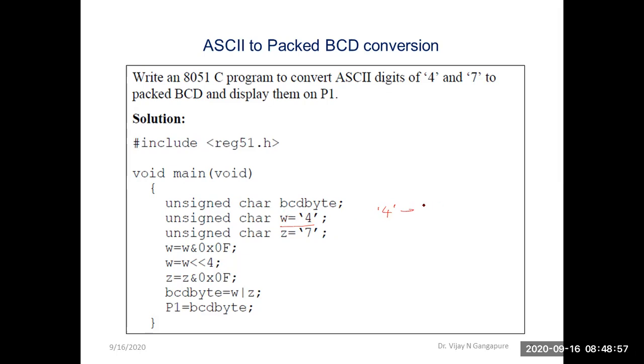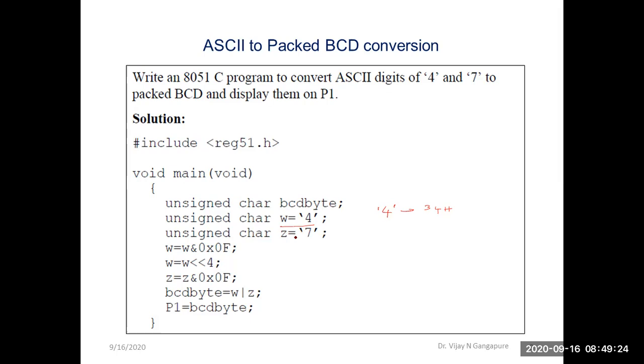That means in w, the ASCII code of 4, that is 34h, will get stored. 34h in hexadecimal I am saying. The third declaration statement is unsigned char z is equal to '7' in single quotes, semicolon.